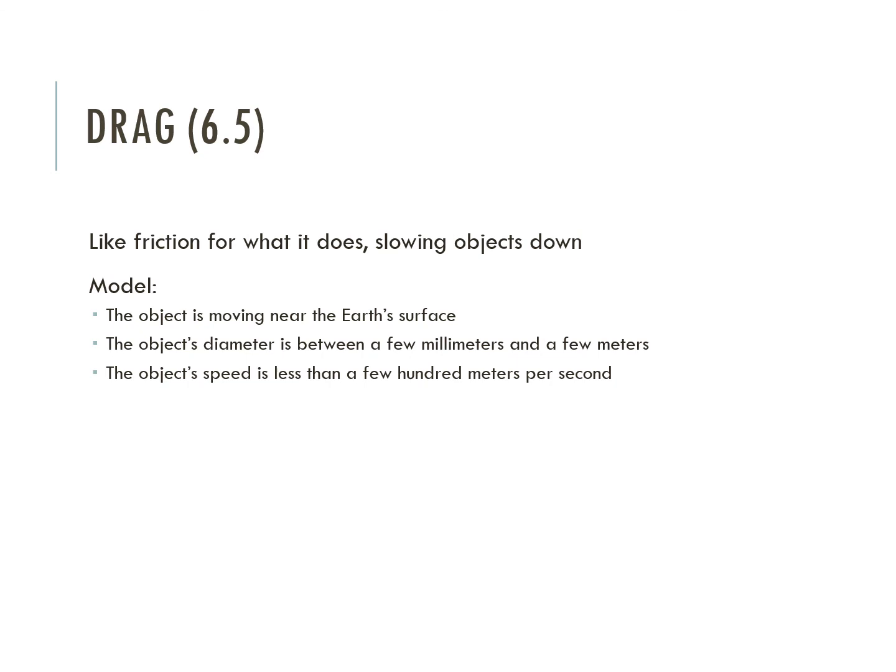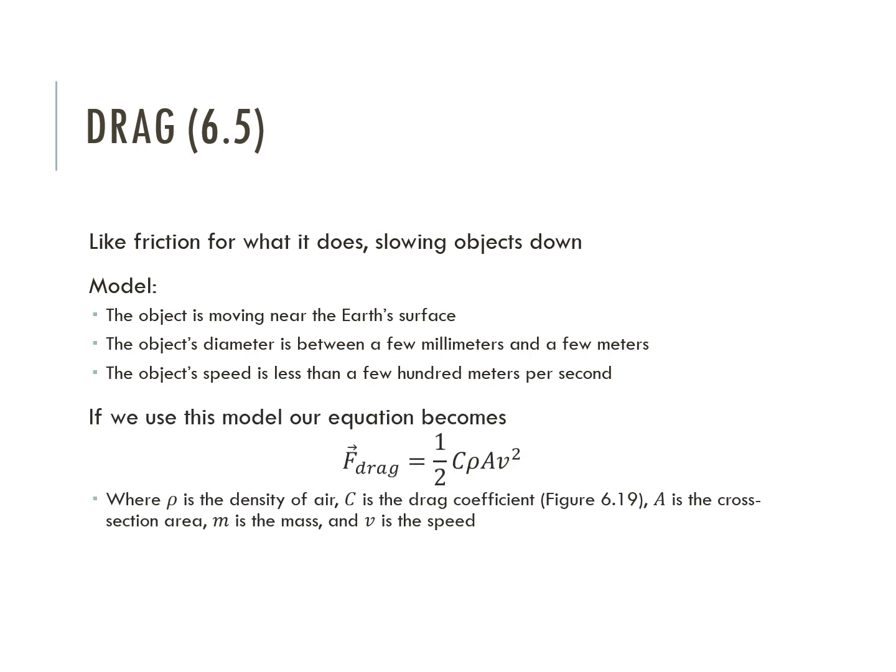Our object can't be too small or too big, and it can't be going too fast. Otherwise you would need a different model to do drag simulations or equations. So the equation for drag is given as such.